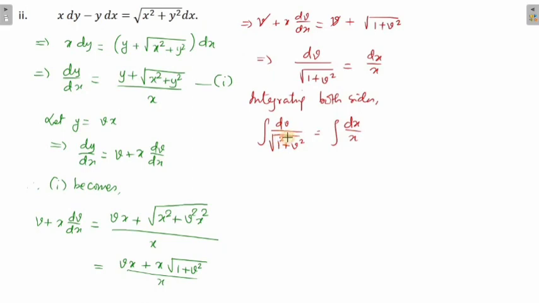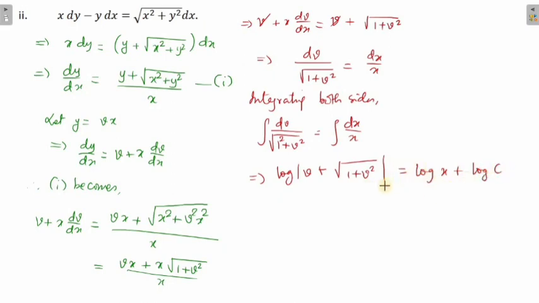Yes, obviously, and all of you know that this integral will be equal to log of v plus root over 1 plus v square is equal to log x. Now put the constant of integration as log c, that will be better.